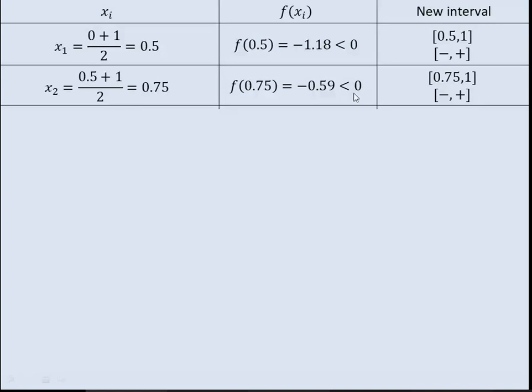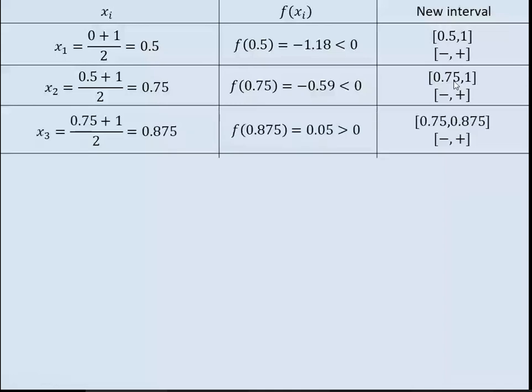We have to replace the negative value by the new value, 0.75. We are replacing values of x, not values of f. So we just have to check whether f is positive or negative, and then replace the corresponding terms of x. So replacing 0.5 by 0.75, this is the new interval. Take the midpoint of it. x is 0.875.